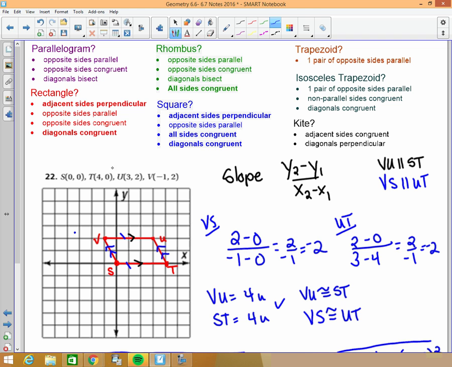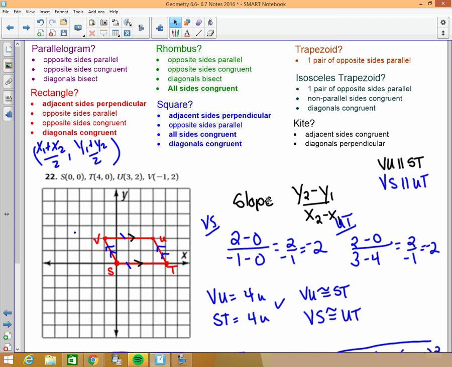All right, what's the midpoint formula? x1 plus x2 over 2, yeah? y1 plus y2 over 2. Remember that one? If the diagonals VT and SU bisect each other, that means that they'll both have the same midpoint, right? So let's see if they indeed do have the same midpoint. Ready?